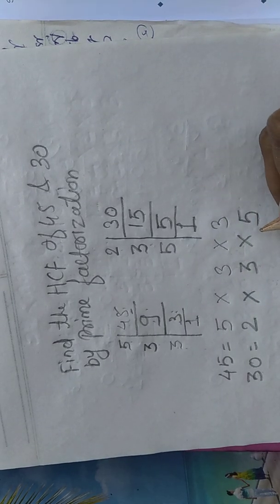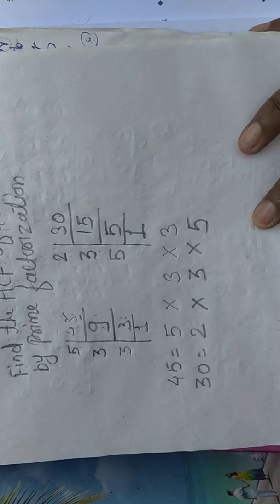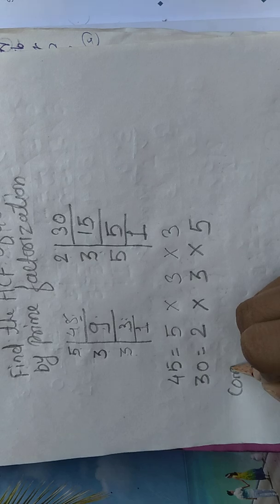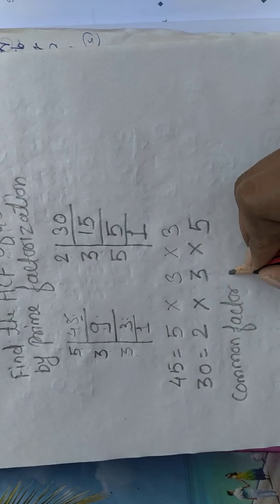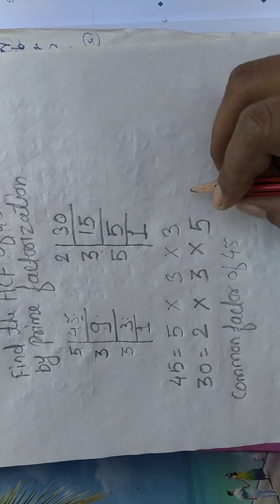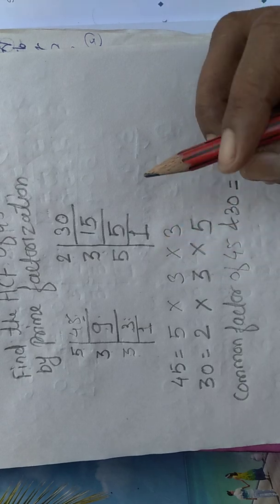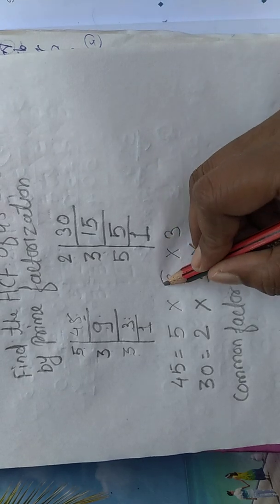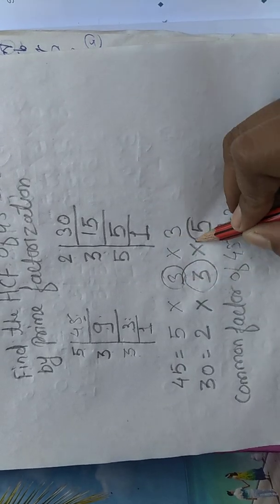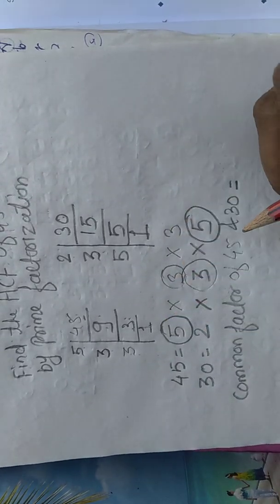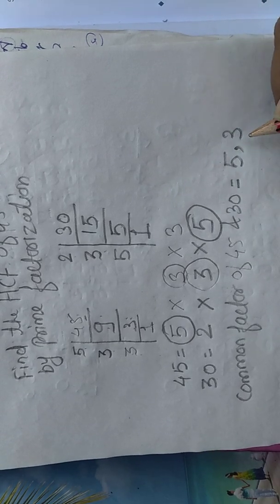The next step is to circle out the common factors. The common factors of 45 and 30: here 3 is a common factor and 5 is a common factor. So write the common factors, 5 comma 3.